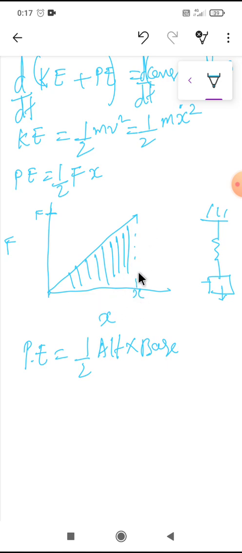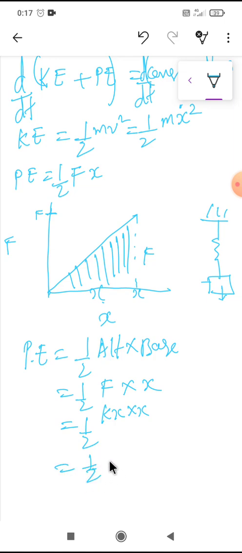So this is F and this is x. The area will be 1 by 2 F into x. Now what is the formula for this force F? We know that F is equal to kx. So F is equal to kx into x, and we get potential energy equal to 1 by 2 kx square.